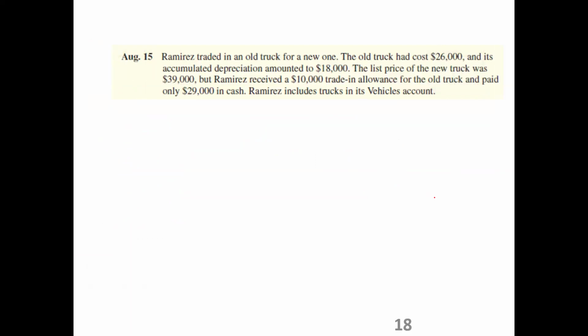Okay, August 15 is an example of a trade-in, an old truck for a new one. The old truck costs 26,000 and it has an accumulated depreciation of 18,000. The list price of the new truck is 39,000 and this company received a trade-in allowance of 10,000 for the old truck.